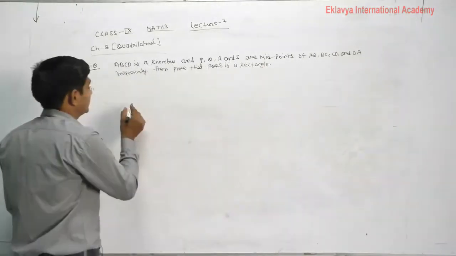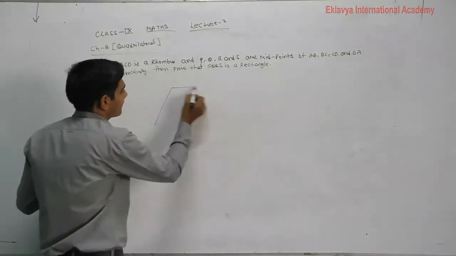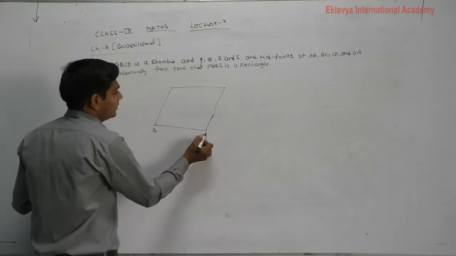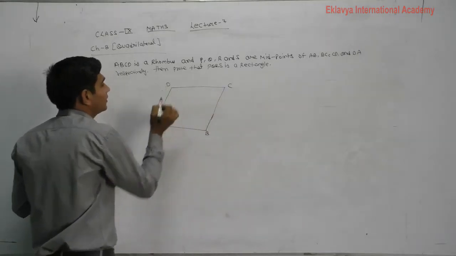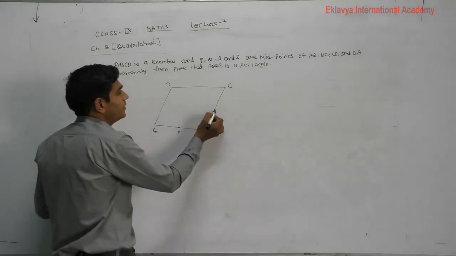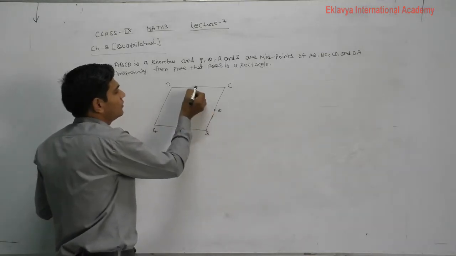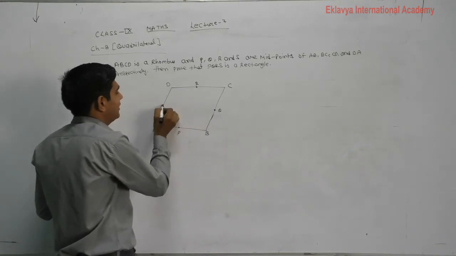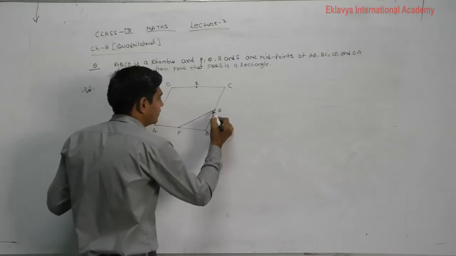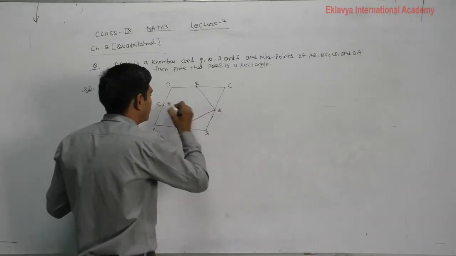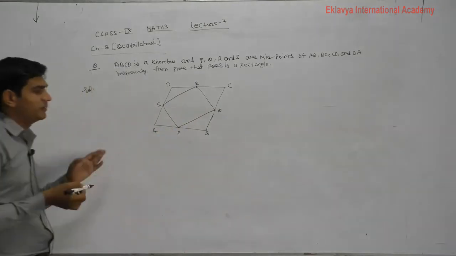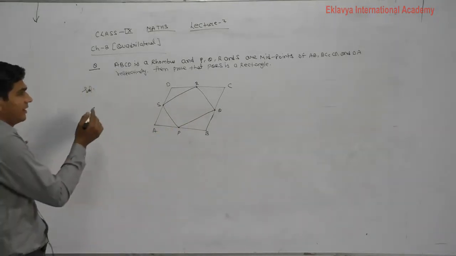So first of all, given ABCD is a rhombus in which the midpoint of AB is P, of BC is Q, of CD is R and of DA is S. Now we will join P to Q, Q to R, R to S and S to P. So we will prove PQRS is a rectangle.